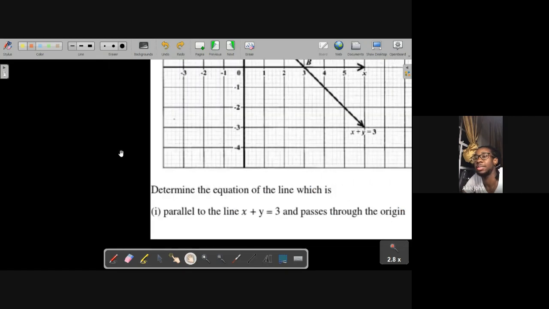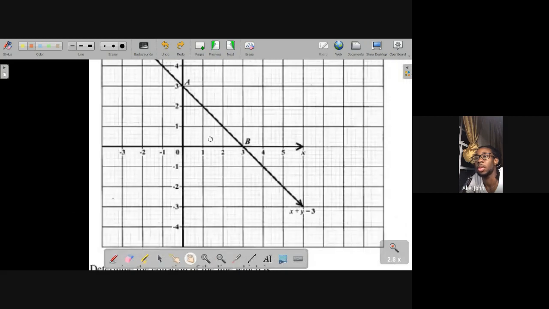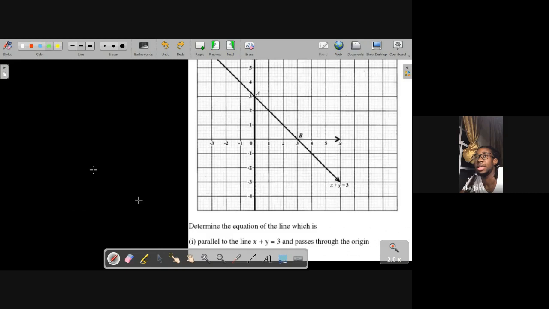So with that, the general form of an equation is y is equal to mx plus c. But notice we were given this information as x plus y is equal to 3.